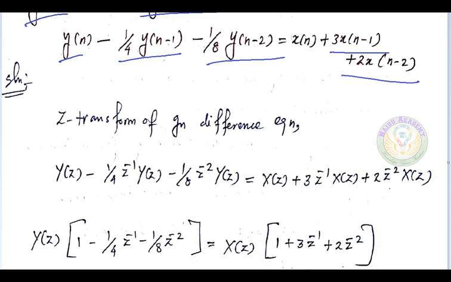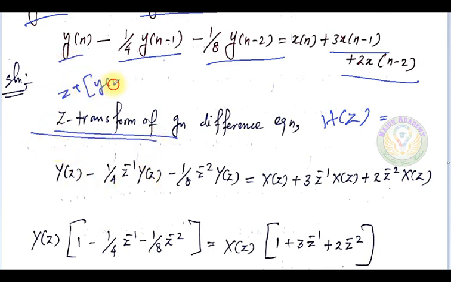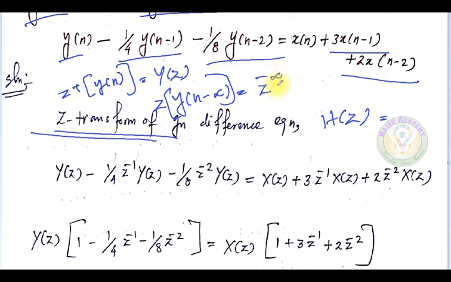To find out the H of z, we have to take the z transform of the given difference equation. If you take the z transform of y of n, you will get y of z. For y of n minus alpha, the z transform will be z power minus alpha times y of z.